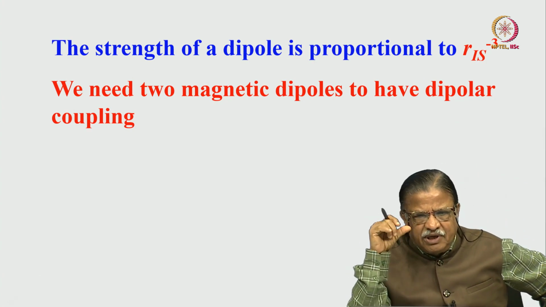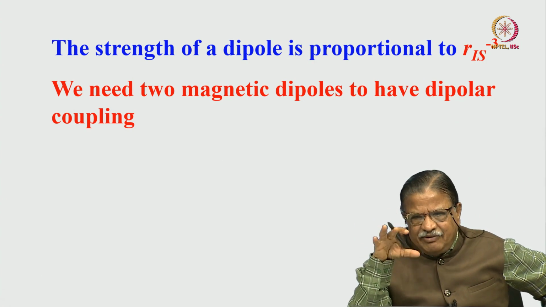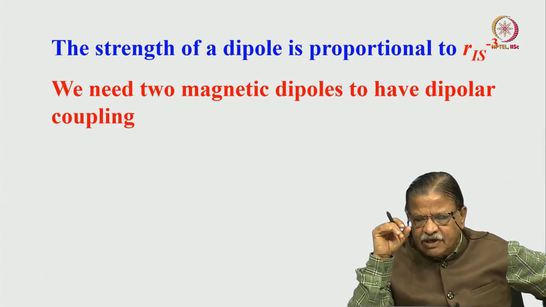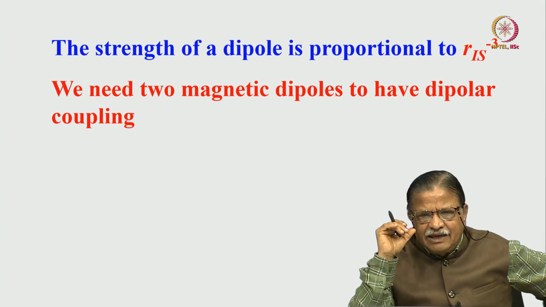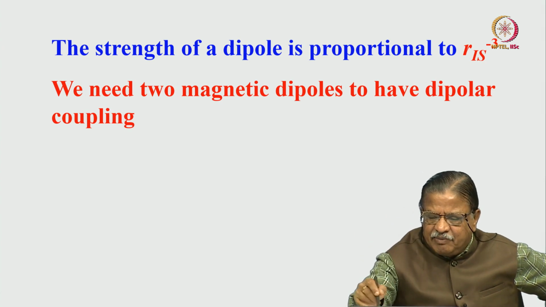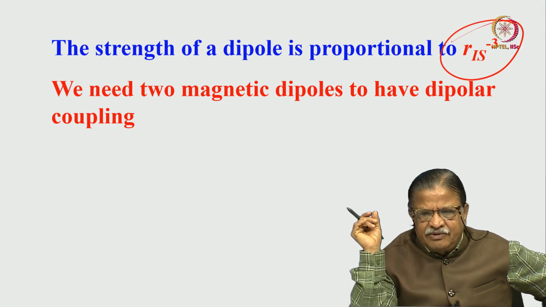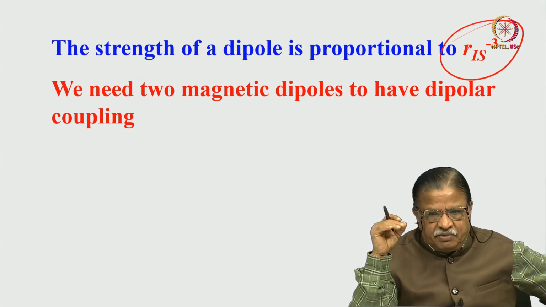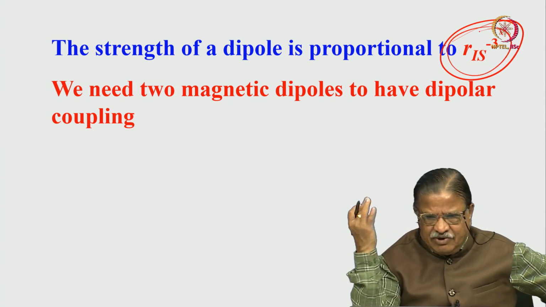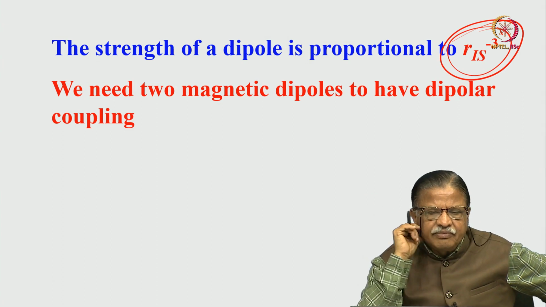Why Rij to the power of 6? You may ask me that question. We can understand this logically, and one can also derive it mathematically. Logically, consider the magnetic strength of a dipole. In the dipole-dipole interaction, it depends upon 1 over Rij cubed. It is in the denominator, which is why it is written as Rij to the power of minus 3.